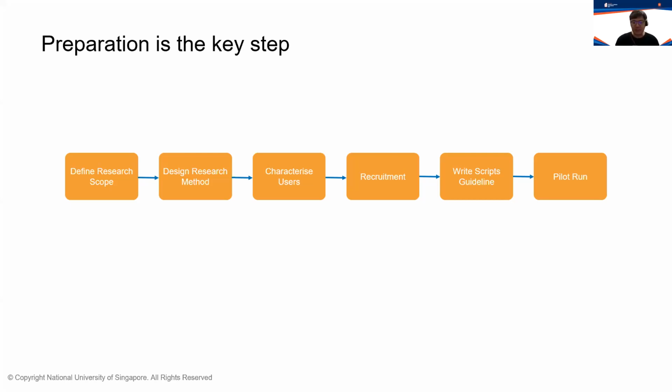Especially for innovations, I can give you a note here. If we are doing innovations, usually we will look for extreme users. We call them extreme users, meaning they are more of the expert users, not the novice users.